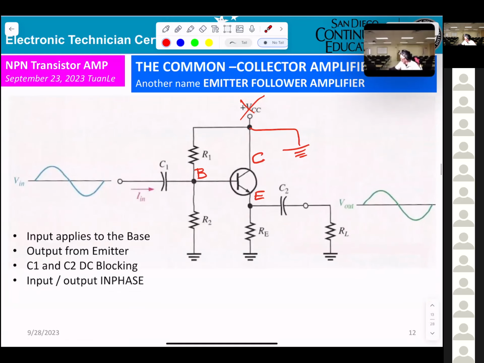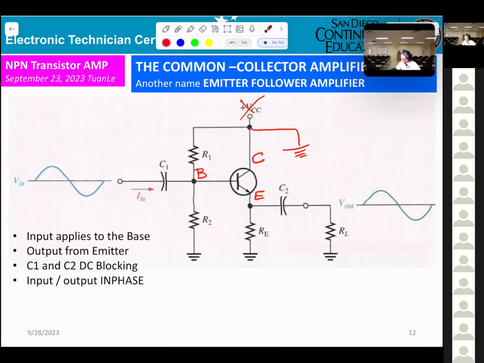That means the input impedance looking into the base, that resistance calculation will be bigger, a high value.